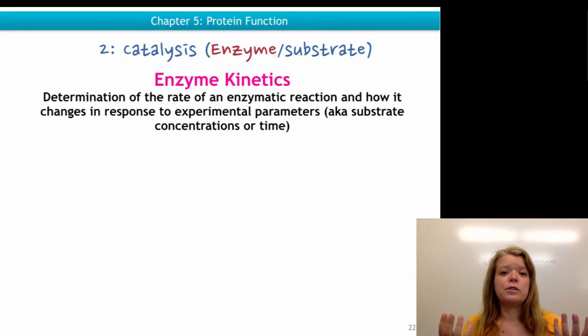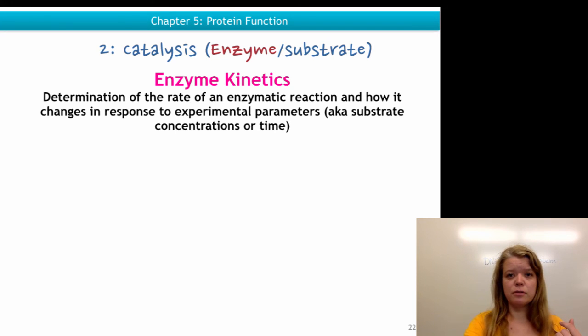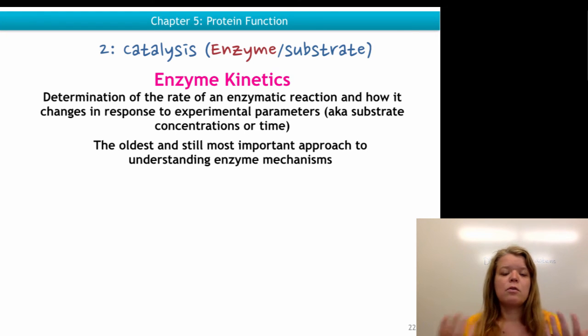The other thing I wanted to talk about is enzyme kinetics, which is a discipline of biology that calculates the rates of enzymatic reactions and tries to understand how experimental parameters affect an enzymatic reaction. It's a very old discipline, and it's still very important in understanding how enzymes work.